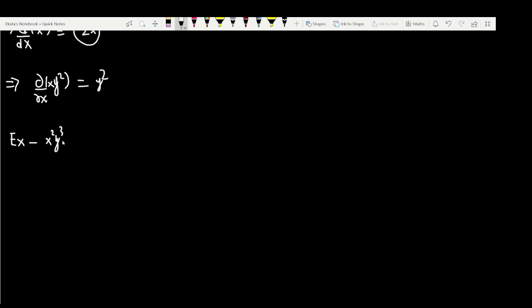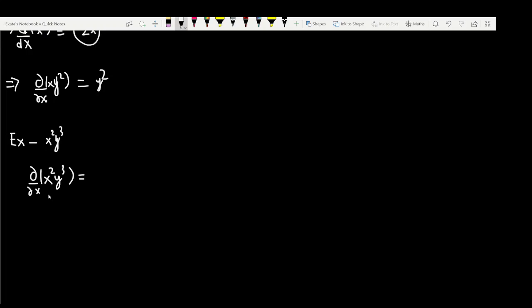Whenever you are asked to differentiate this function, you will apply del by del x of x squared y cubed. So what's the value of this?